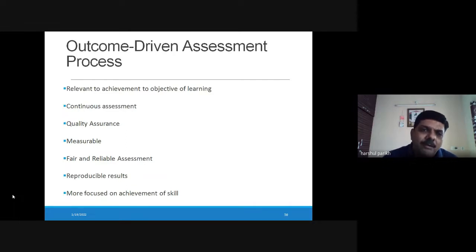Whatever method we employ, the student result should be reproducible. It is more focused on achievement of skill. That means our assessment techniques should focus on the following parameters.